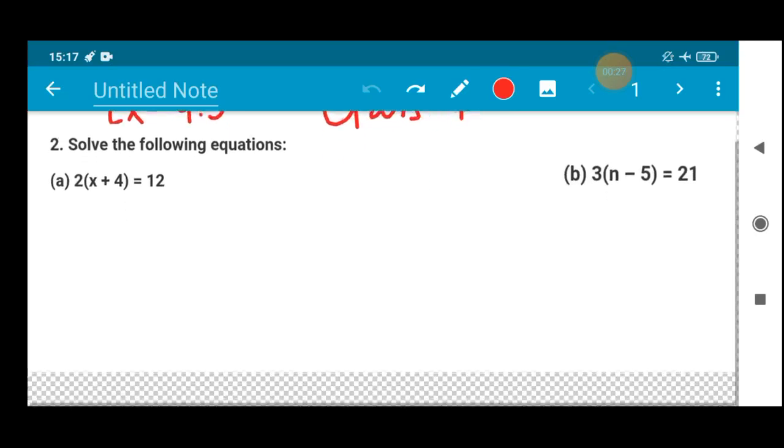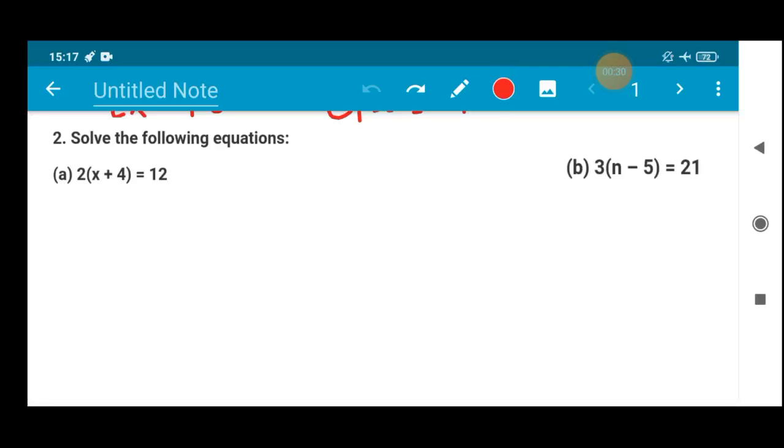Okay. So, 2(x + 4). First of all, here you can see 2 is outside the bracket, and it is multiplied with the variable inside, that is x + 4.